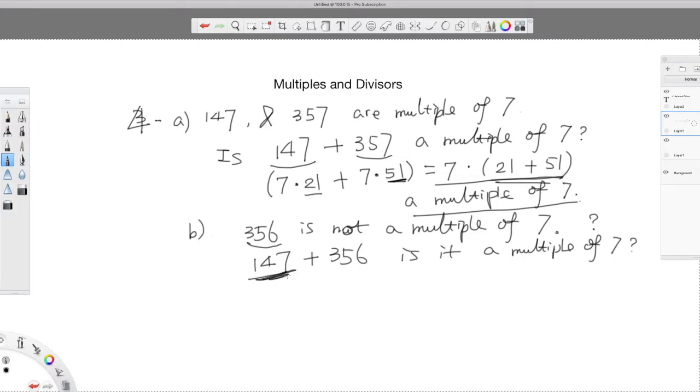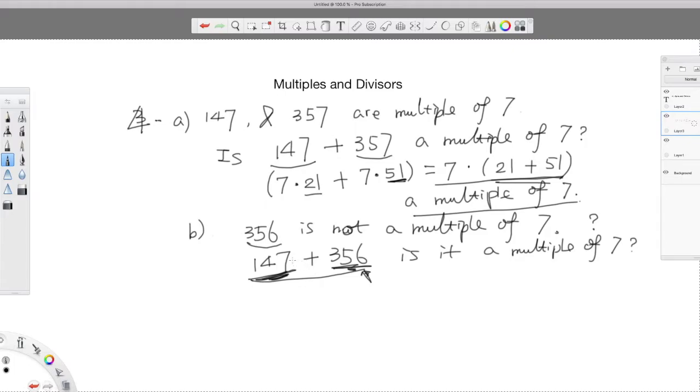By definition, this can be written as 7 times something. But this, you cannot write as 7 times something. This is going to be 7 times something plus a remainder. So the whole thing will be written as 7 times something plus that remainder. That remainder can never be cancelled out with anything here because this guy does not have any remainder. So this is not a multiple of 7.